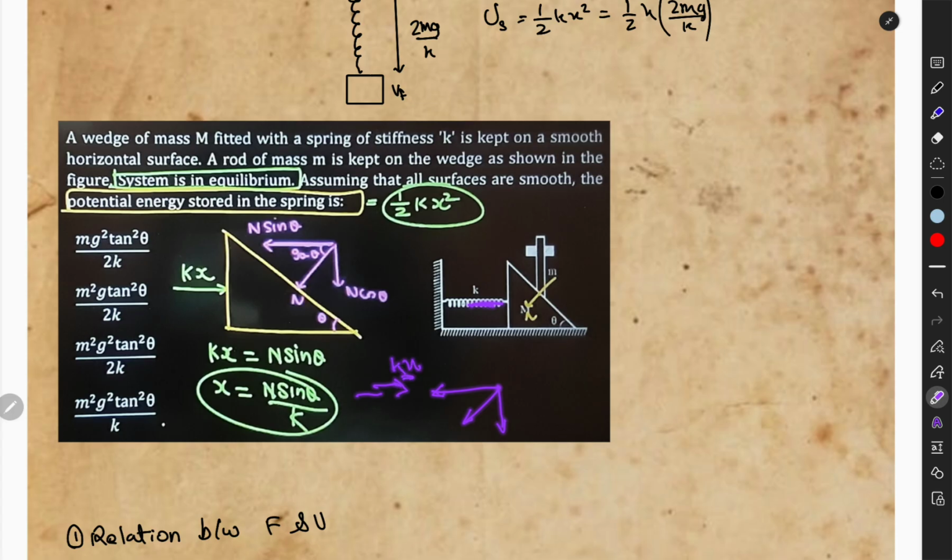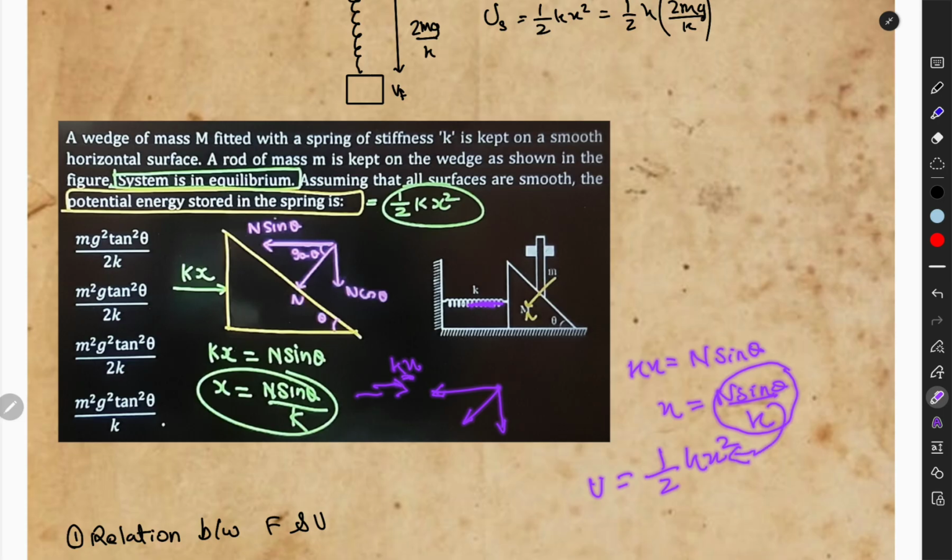So by Newton's laws of motion, kx is equal to N sin theta. So x is equal to N sin theta by k. This will be the compression or extension of the spring. So 1 by 2 kx square will be the potential energy formula. Put this x value here and find the value.